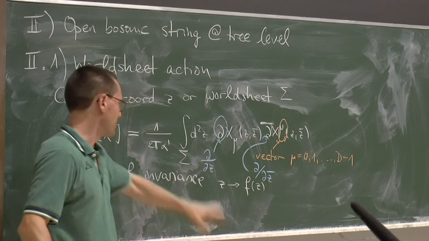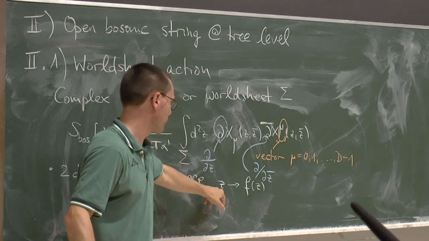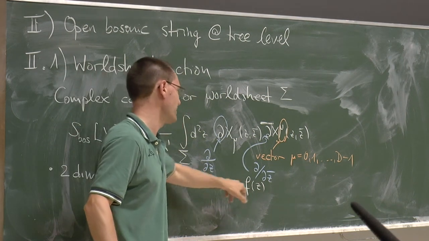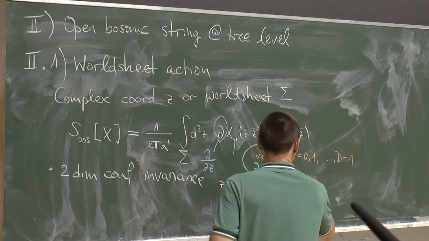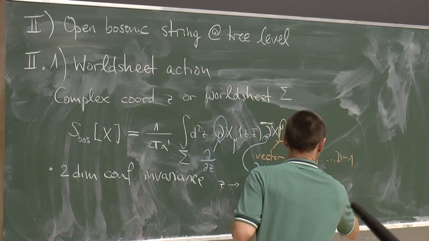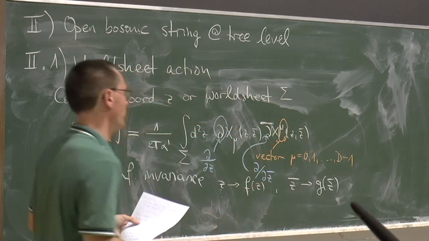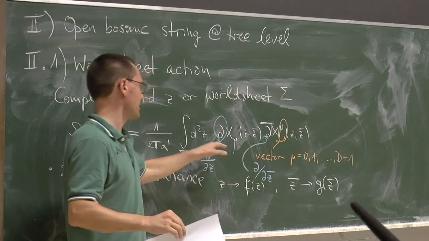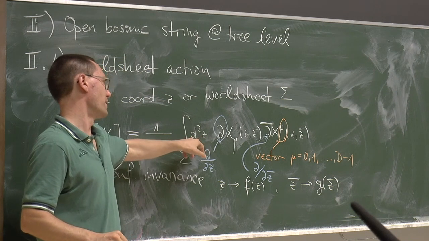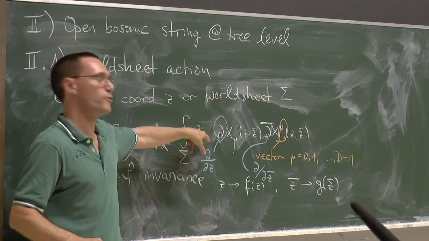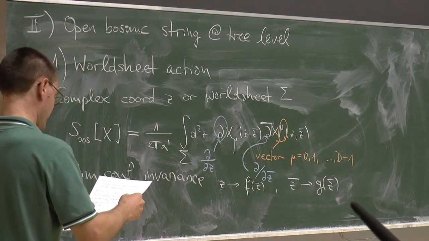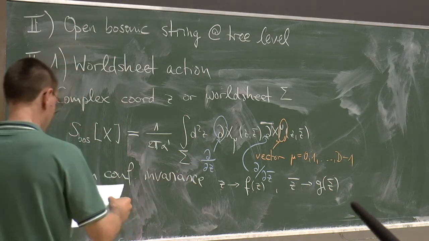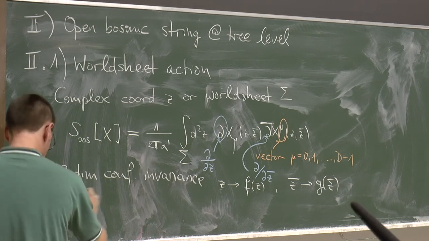But here the symmetry is a change of coordinates by holomorphic functions f only depending on z, or likewise z bar going to some function g of z bar, anti-holomorphic. To see that this is a symmetry, let's just note that the differential dz transforms in the opposite way as the z derivative. So this is the source of these conformal field theory techniques.